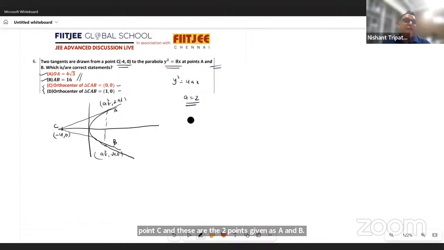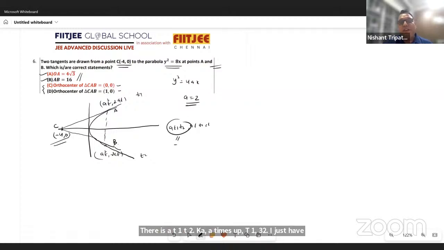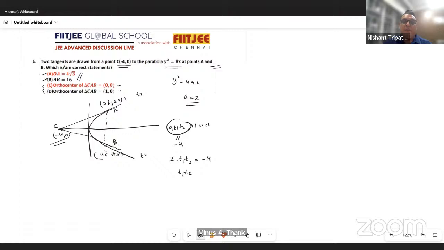Now, the point of intersection of tangents drawn at two points t1 and t2 is (a t1 t2, a(t1 + t2)). I just have to look at the x coordinate from here. If this is made equal to -4, a is equal to 1, and t1 t2 is equal to -4. Now here t1 and t2 are the same in magnitude but different in sign.